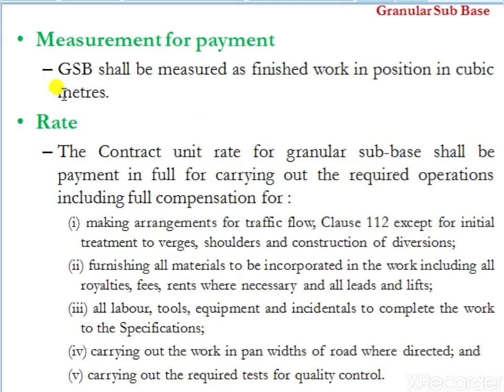So rate. How is the rate fixed? On what basis is the payment done to a contractor? The contract unit rate for granular subbase shall be payment in full for carrying out the required operations, including full compensation for... So how is the payment done for a contractor?